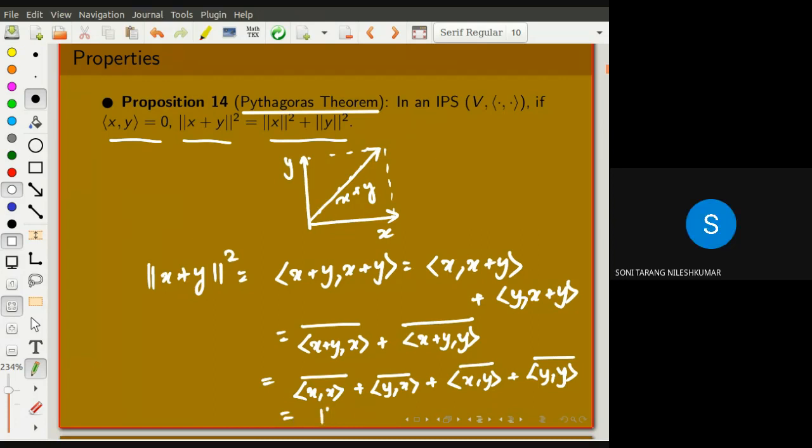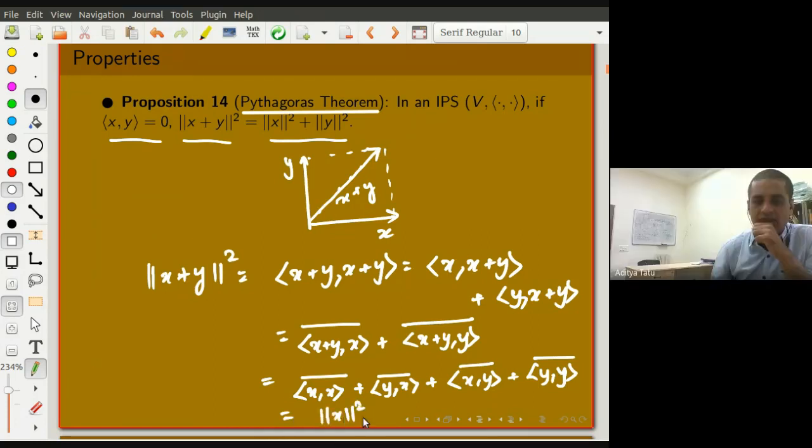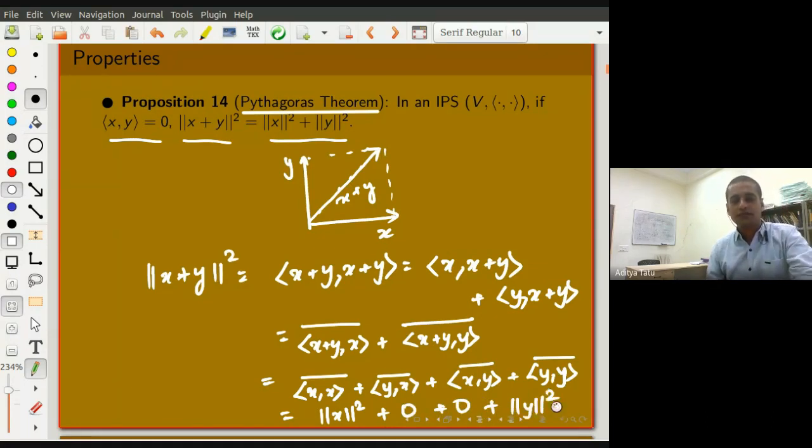The norm of x whole square. Because that is a norm, it is a real number, and a real number is equal to its own complex conjugate. What do we know about y inner product x and x inner product y? Because of orthogonality, these are 0. So that is how we prove Pythagoras theorem in a general inner product space.